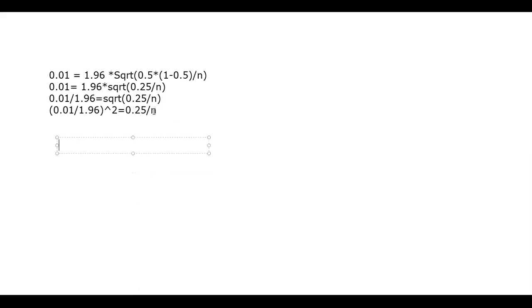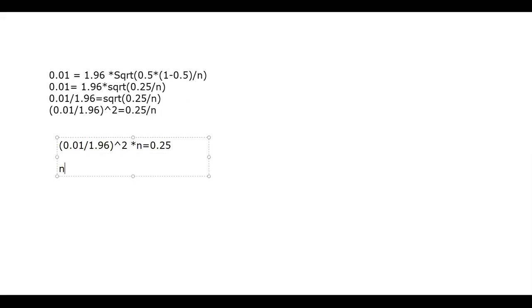All right, this side of the equation is being divided by n, so we're going to multiply both sides by n. So we get 0.01 over 1.96, quantity squared, times n is equal to 0.25. And these are just being multiplied together, so undoing the multiplication, we can use division.